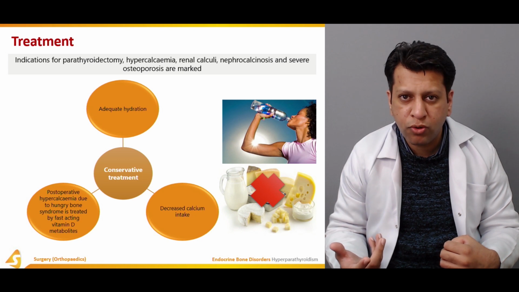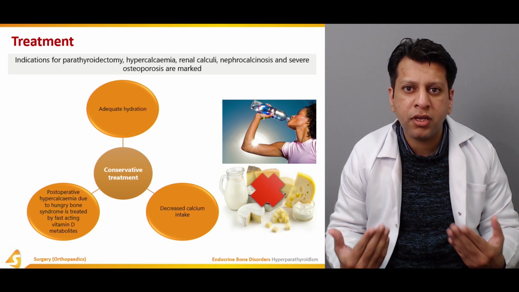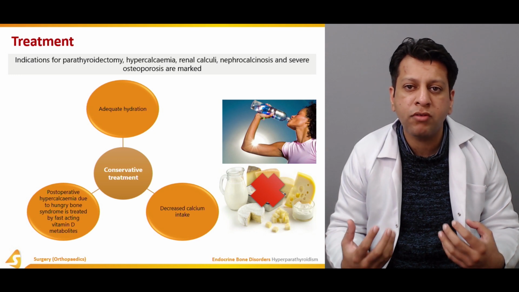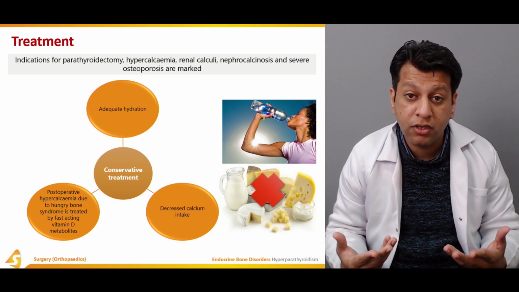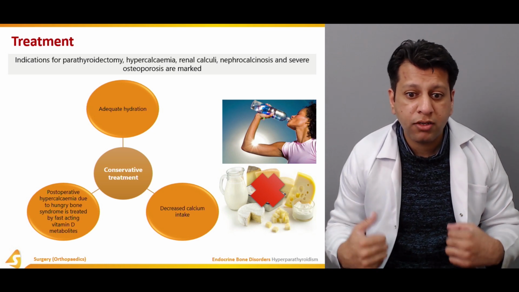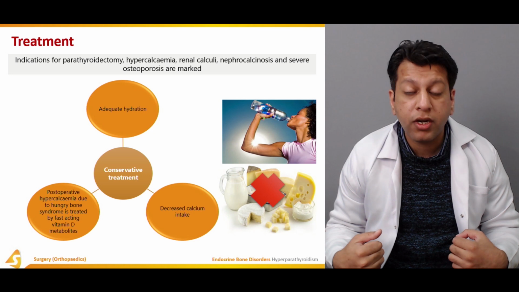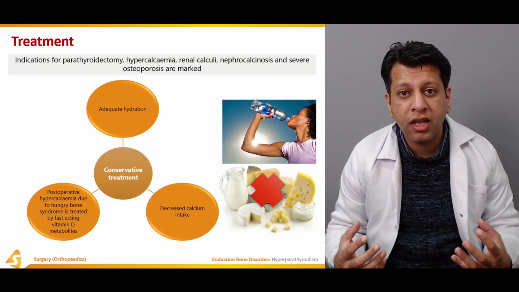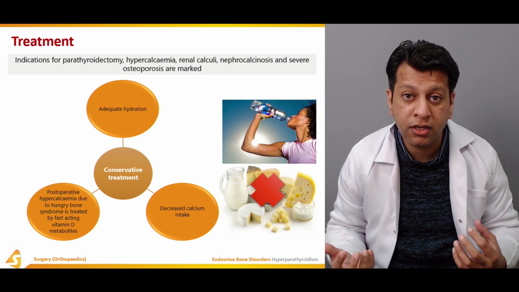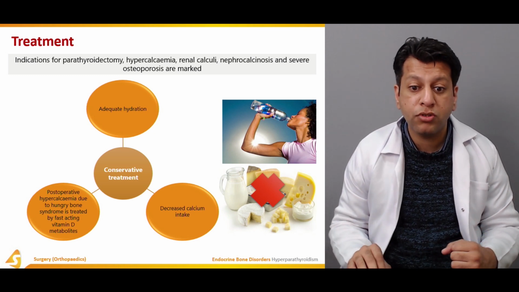It was producing more PTH. This was leading to hypercalcemia, and the PTH was activating osteoclasts so that there was increased bone resorption. Once that adenoma was removed, the bones are actually hungry. So all this calcium is absorbed, leading to transient hypocalcemia. So this is called hungry bone syndrome.